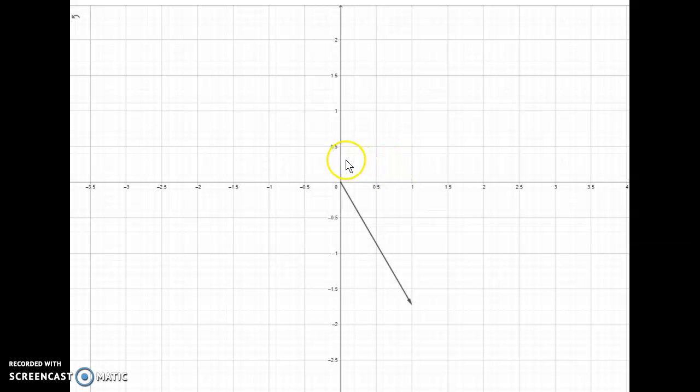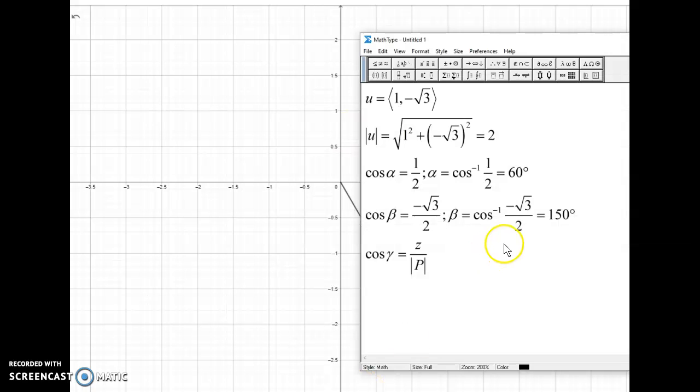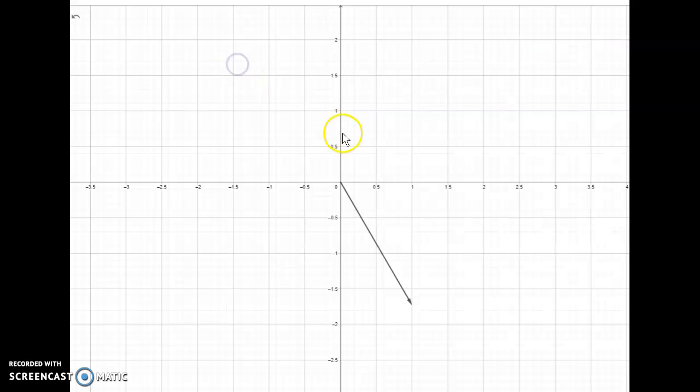Our y now is negative √3, which is here, on the negative side. So we can't find the angle from the negative axis here. We should find it from the positive axis, which is the positive y. So the 150 degrees that you obtain from this calculation is graphically from y positive. From y positive to the vector, this is 150.